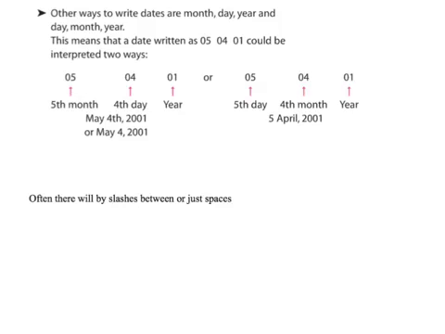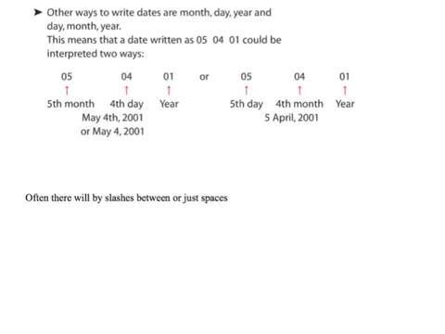There are other ways to write dates. Sometimes people write them as month, day, year, and some as day, year, month. So it can get a little bit confusing to know which one it is they're talking about.